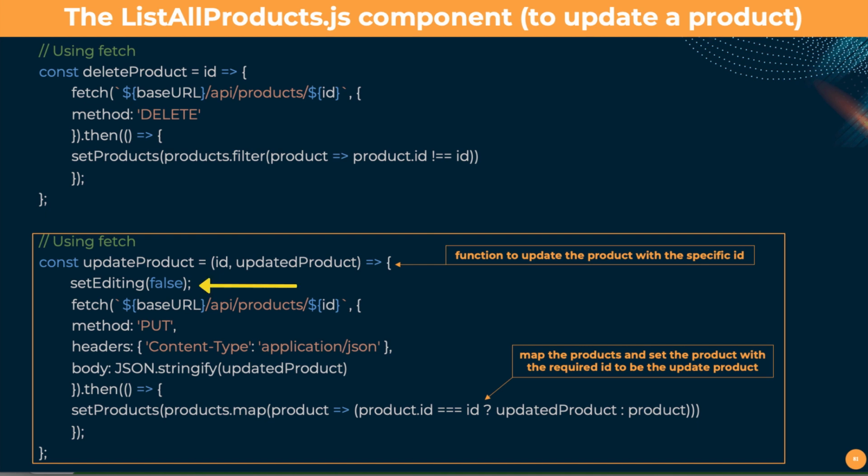So when we're in the update, we're going to set the editing to false, and we're going to then use the fetch again, the fetch API, and we're going to look for the /API/products, and then the ID that we pass in, and we're going to use the put. So we're going to look in the Spring backend for the put, where we're going to update the data.